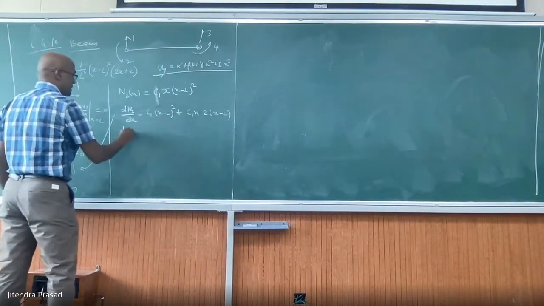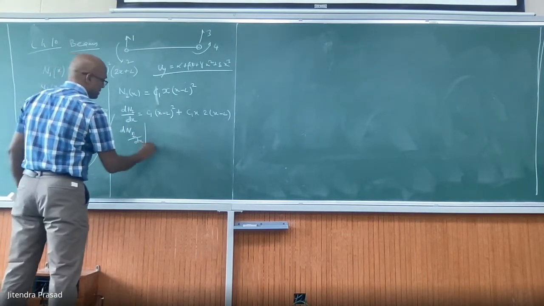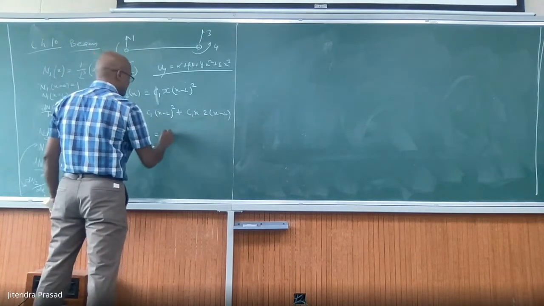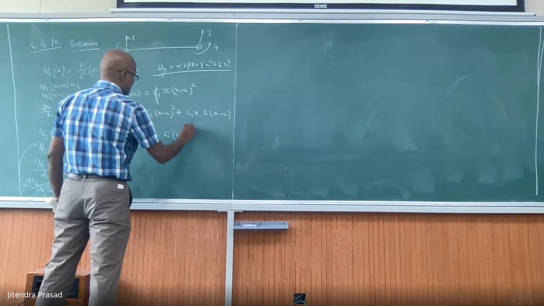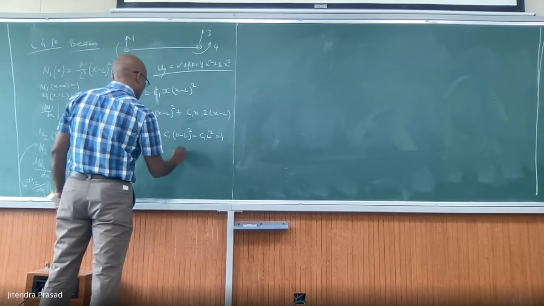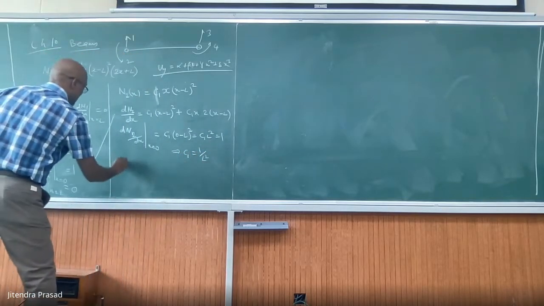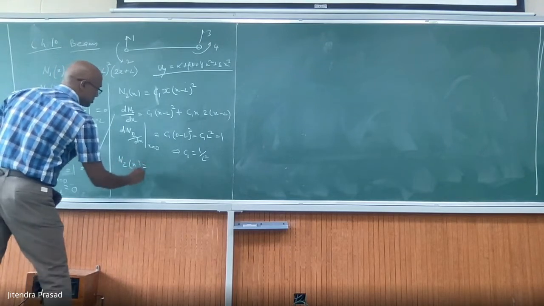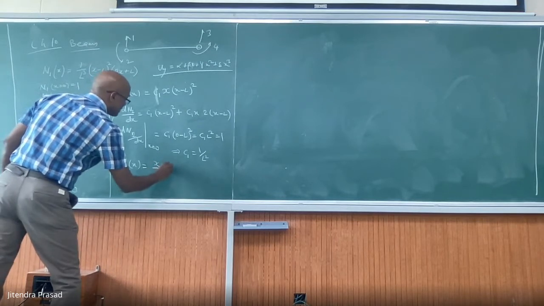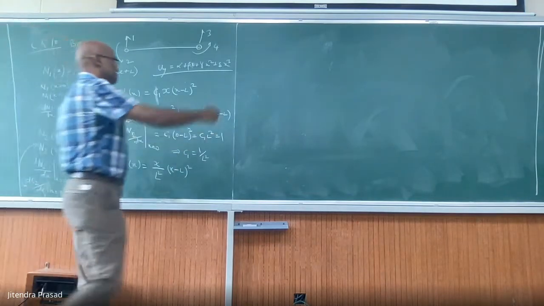So dN2 over dx at x equal to 0 is equal to, this term will be 0, only this term will remain, so 0 minus L square, C1 L square is equal to 1. So we get C1 equal to 1 over L square. And hence you have N2(x) is equal to x over L square times (x minus L) square.